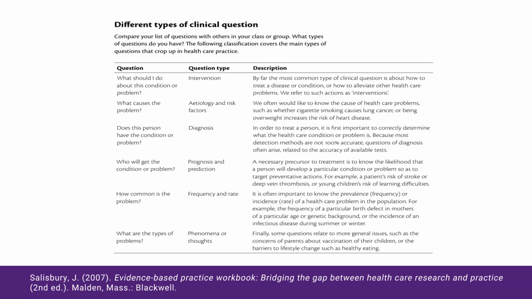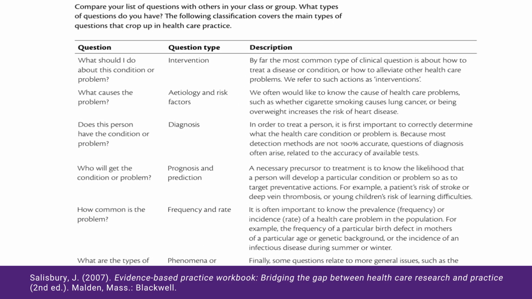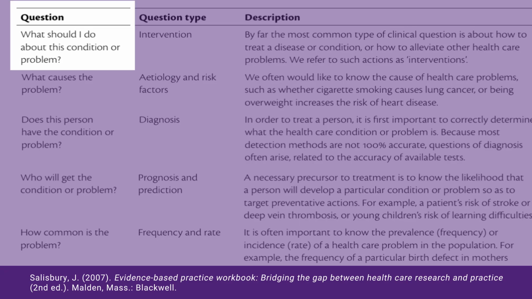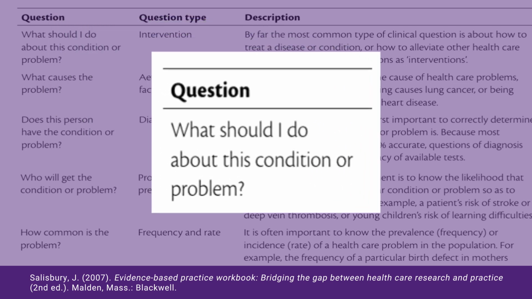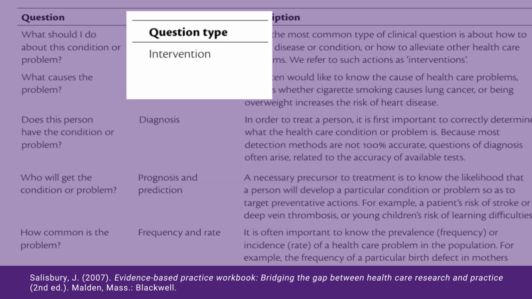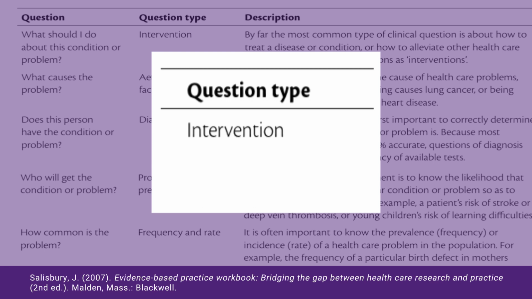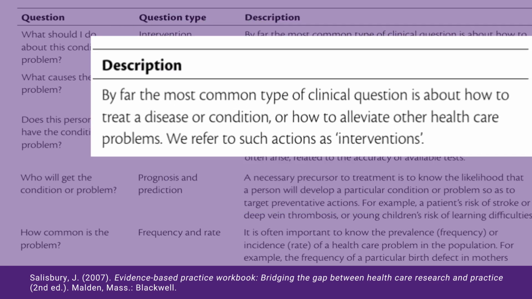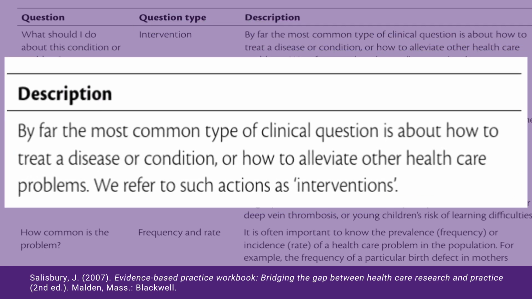This is a list of the main types of quantitative questions that you will find in healthcare research. Questions can relate to the effectiveness of a treatment. They may ask whether one treatment, procedure, or service type is better than another in terms of clinical or cost effectiveness.